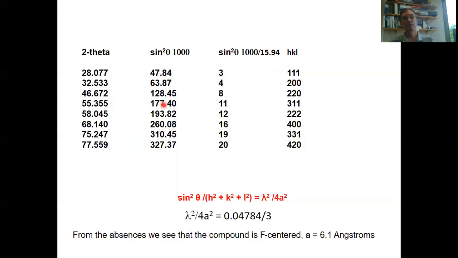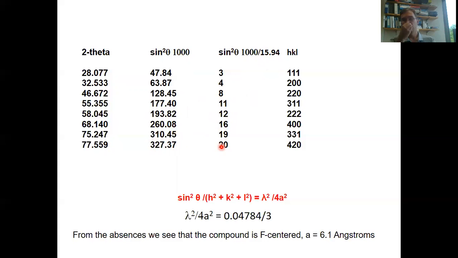Then 177.40 over the common factor gives 11. 193.82 over the factor gives 12. 260.08 over 15.94 gives 16. 310.45 over 15.94 gives 19. And 327.37 over 15.94 gives 20. See, works great.